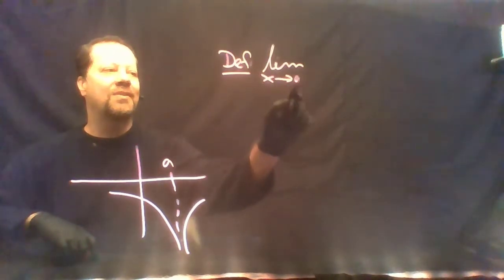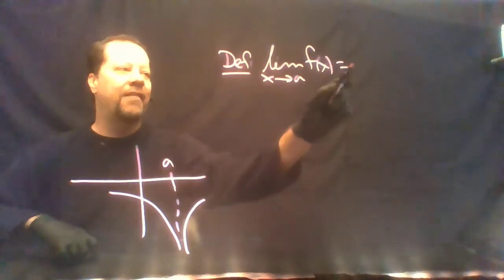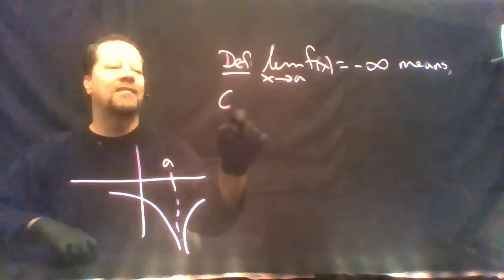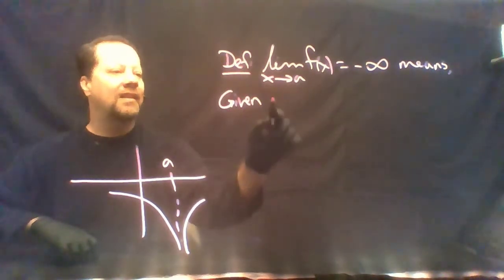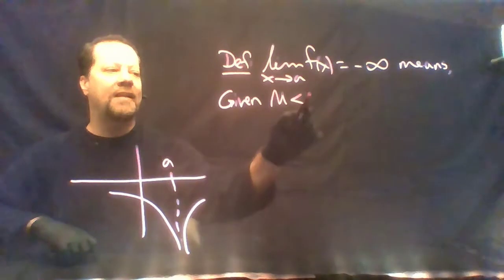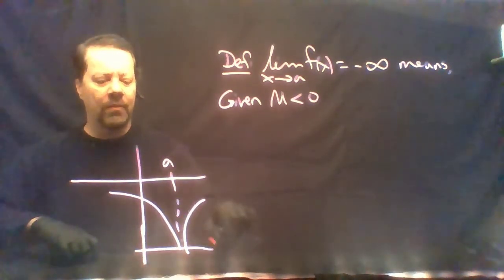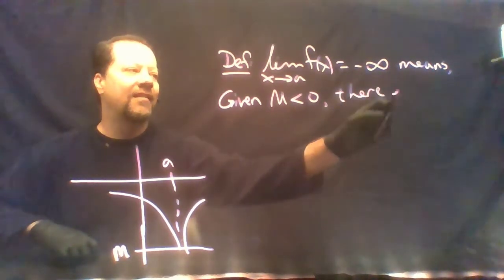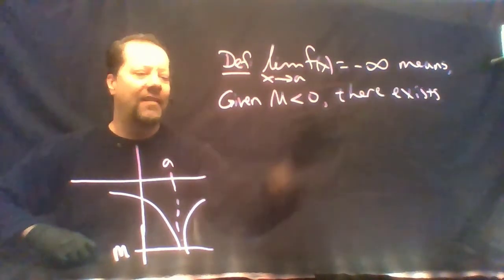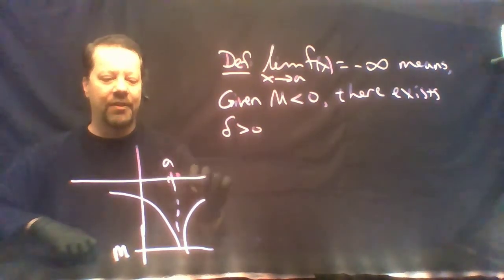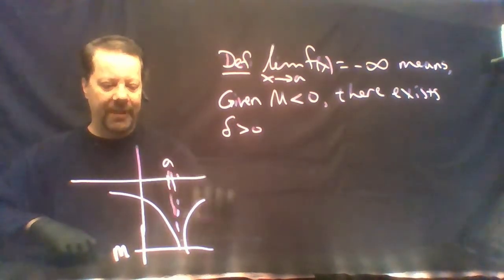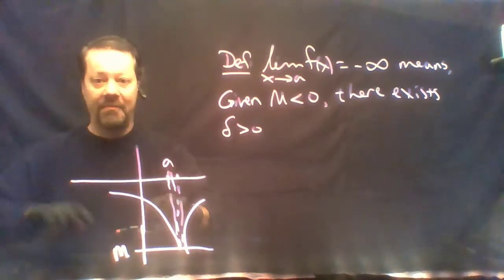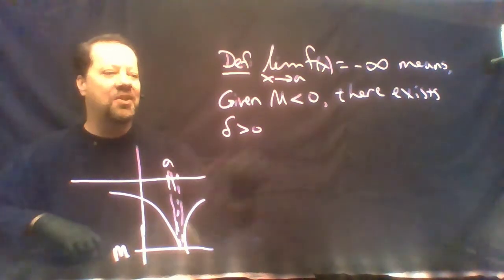The limit as x goes to a of f of x equals minus infinity means, given m less than 0, some cutoff way down here, there exists some delta greater than 0 in the domain, so that if you stay within that delta, you'll end up lower than the level of smallness that you chose.